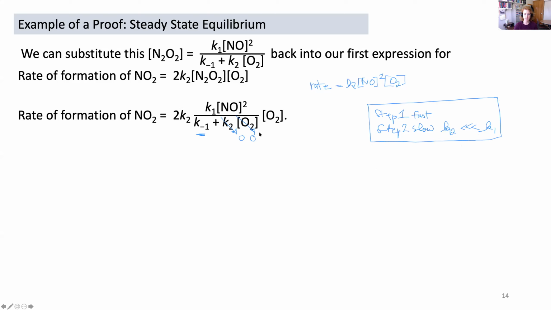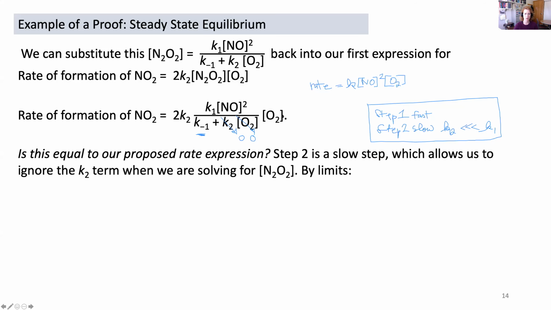And if that's taken to be 0, then by limits that term goes away and you end up with 2k1 k2 divided by k minus 1 times NO squared over O2.